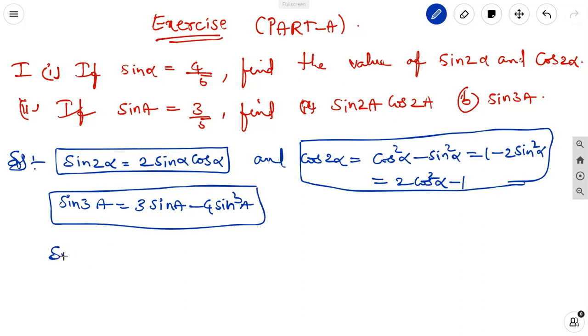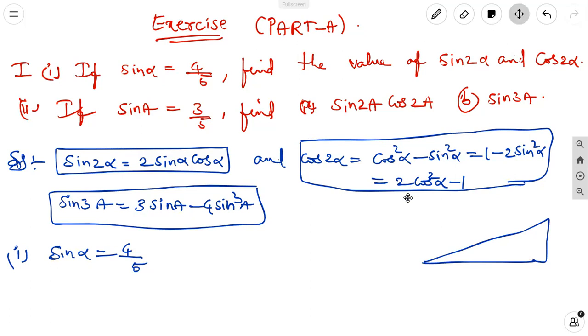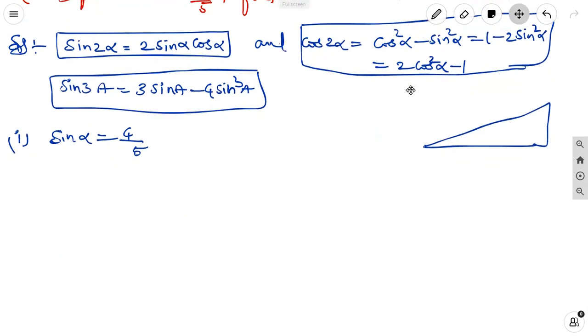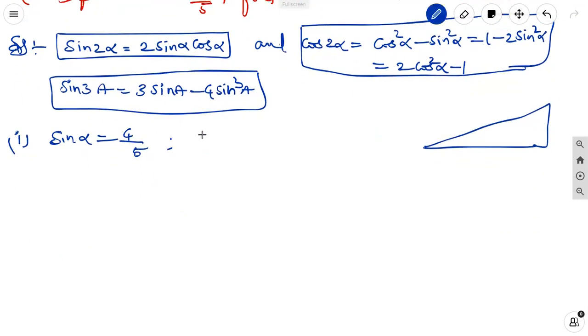First, what they have given, sin alpha equal to 4 by 5 is the first one. By using the right angle triangle, we can find out the cos alpha, or another way we can find out by using the identity also. What is that identity? We know that cos square alpha plus sin square alpha is equal to 1. From this, we can write it as cos square alpha equal to 1 minus sin square alpha.